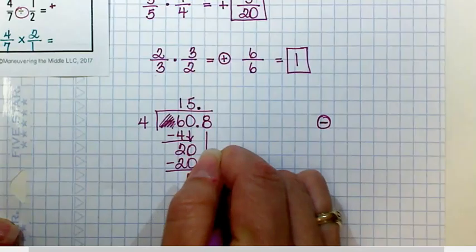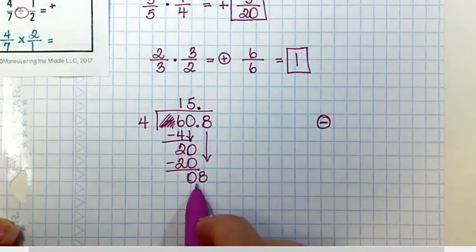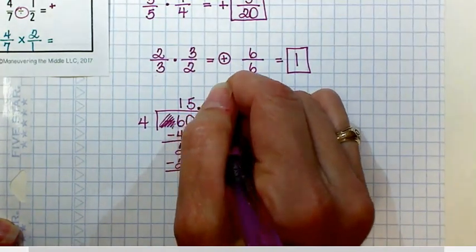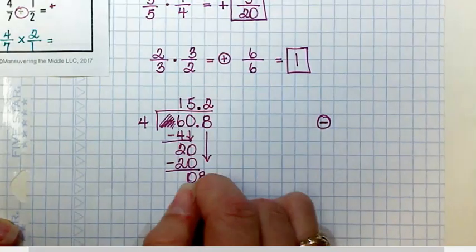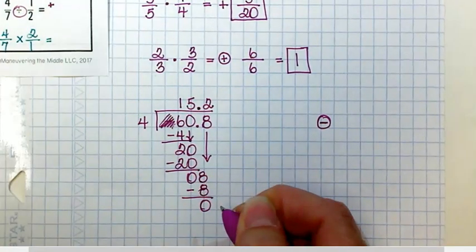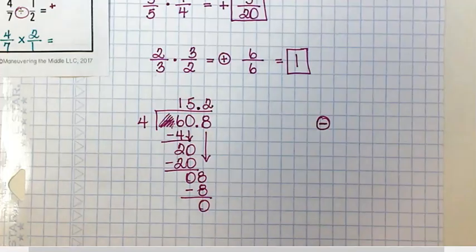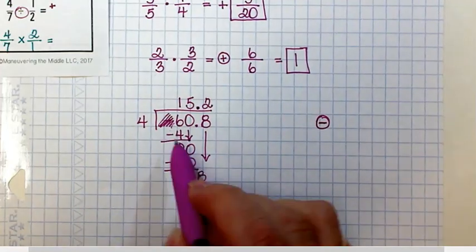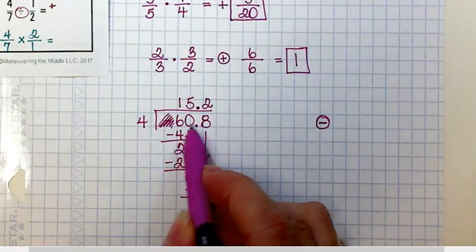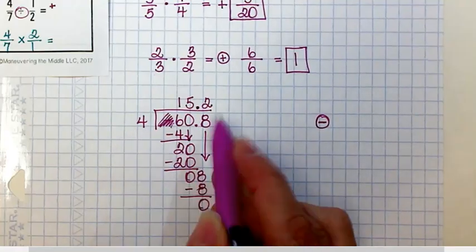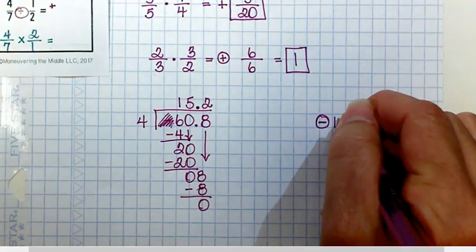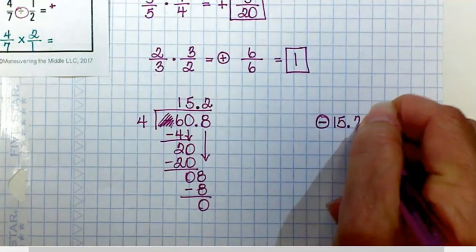Bring the 8 down. 4 will go into 8 twice. 2 times 4 is 8. And I have no remainder, and I've passed the decimal, so I get to quit. But remember, it was really negative 60.8. So negative 60.8 divided by 4 is really negative 15.2.